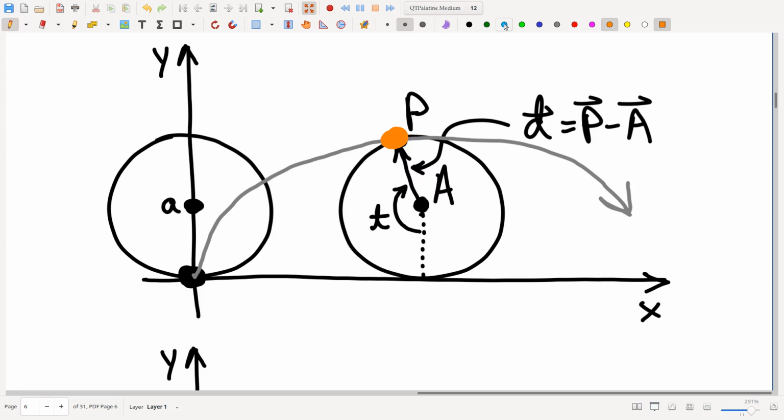I claim that that's the sum of the position of the axle and what I'm going to call this displacement D vector, basically defining that spoke of the wheel. So blue plus green equals orange. Yeah? And I claim this is a really, really helpful breakdown. Let me explain why. That axle is doing something very simple. The axle is just moving in a straight line, and that's going to be relatively easy, isn't it? So that's going to be an easy thing to deal with.